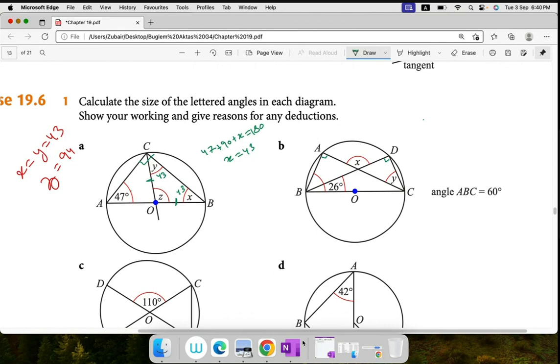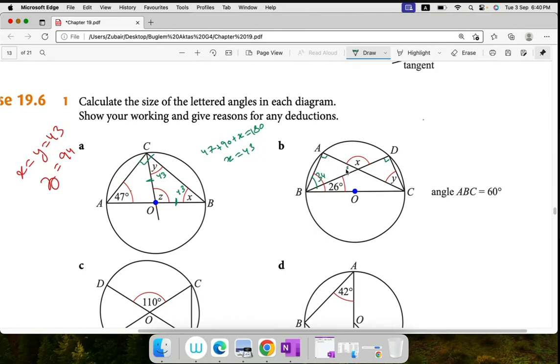Angle ABC is already given that it is 60. So if that is 60, when we remove 26, I'm left with 34 at the upper half. Angle A is already 90.